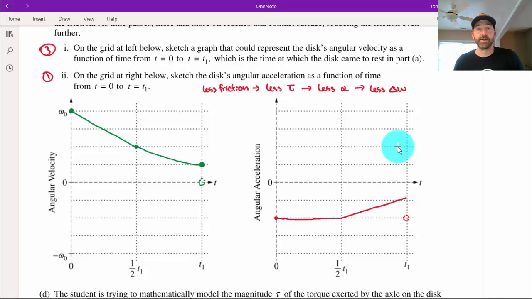It could look like anything, except you would want to have it so that the angular acceleration gets closer to 0. Straight line's probably better, because you can think of it as they keep adding more and more oil, keeping less and less torque, it's easier to think of that as a linear relationship, oil to torque. So a straight line there for the angular acceleration is probably best.